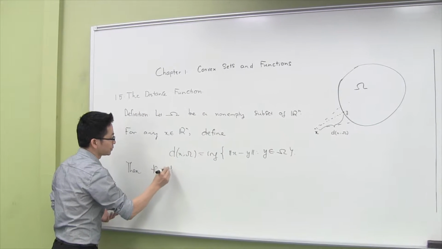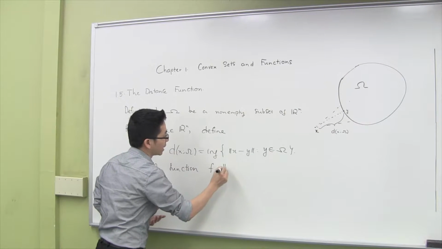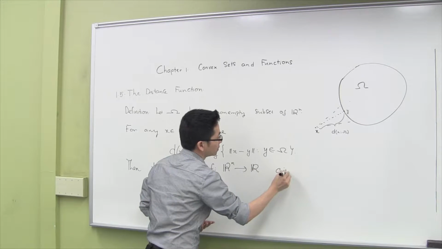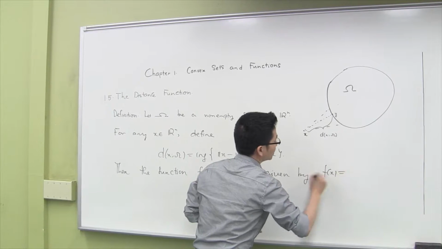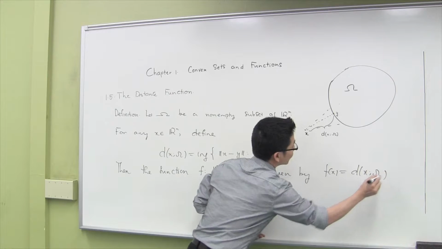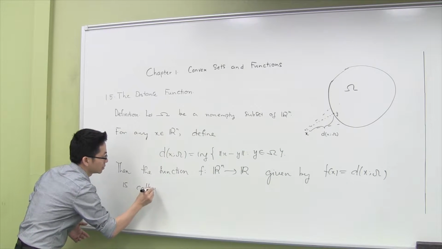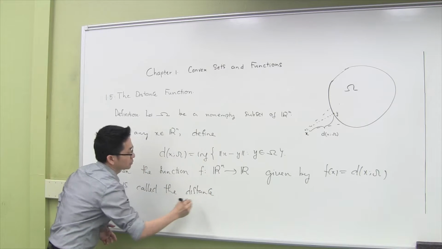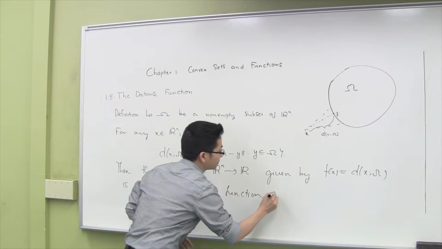The function f from Rn to R given by f of x is equal to the distance from x to omega is called the distance function associated with omega.